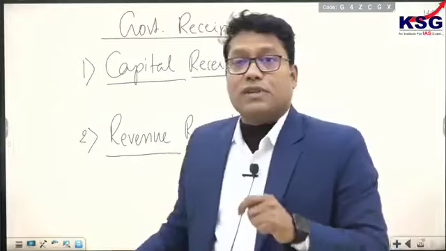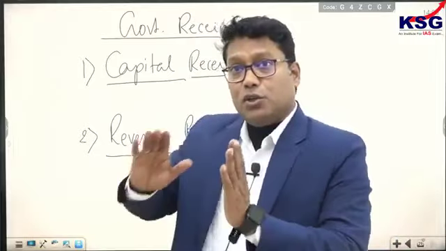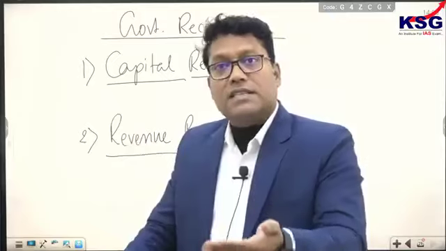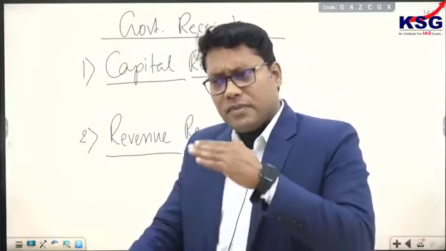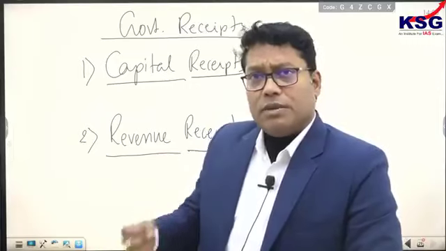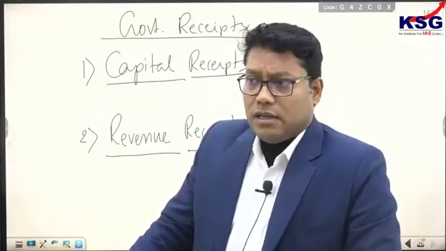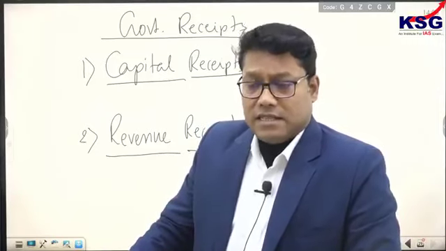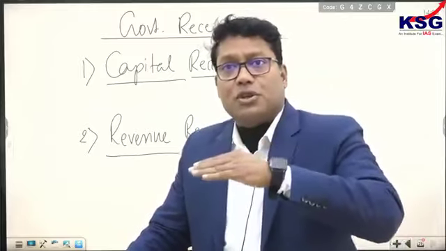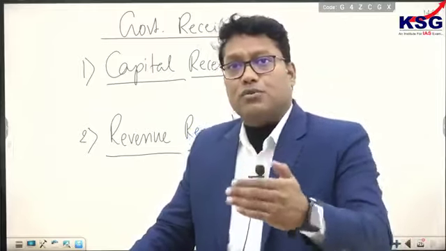Revenue receipts: take the example of taxes collected by the government. Here you take only the receipt part. Revenue receipt means money or taxes received by the government. Suppose you are paying tax to the government. This year you earned and paid to the government.